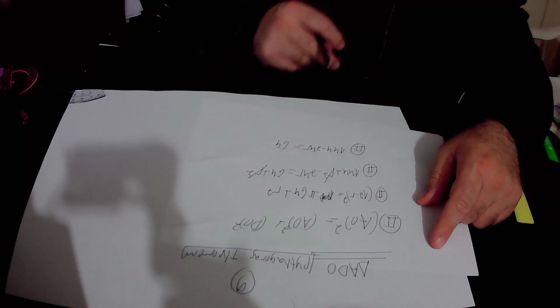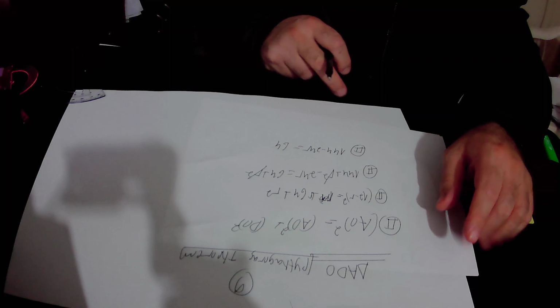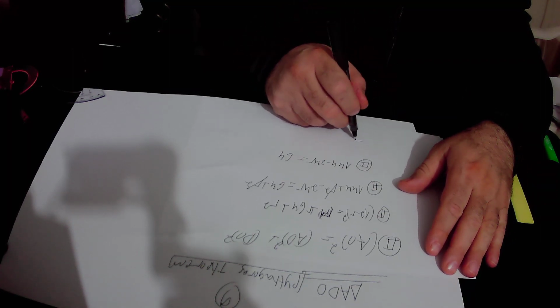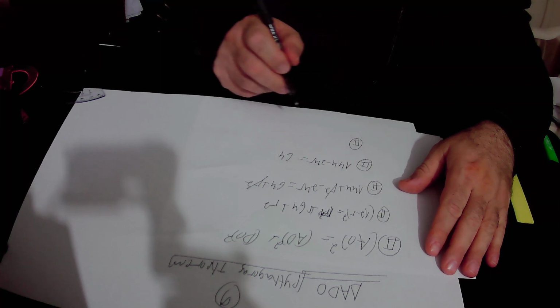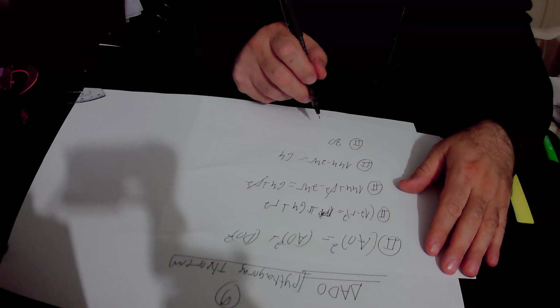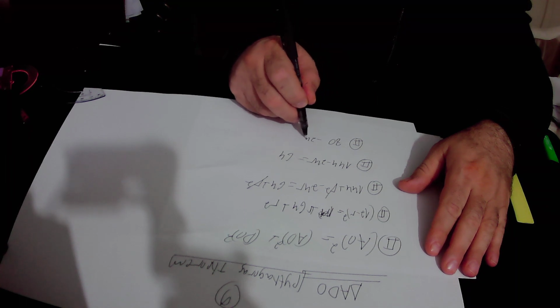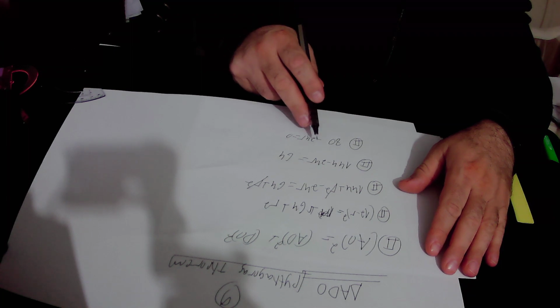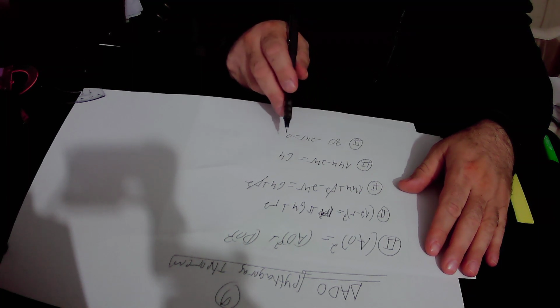We will subtract 64 from this equation number 2, and we will get that 144 minus 64 is 80, and minus 24R equals 0.